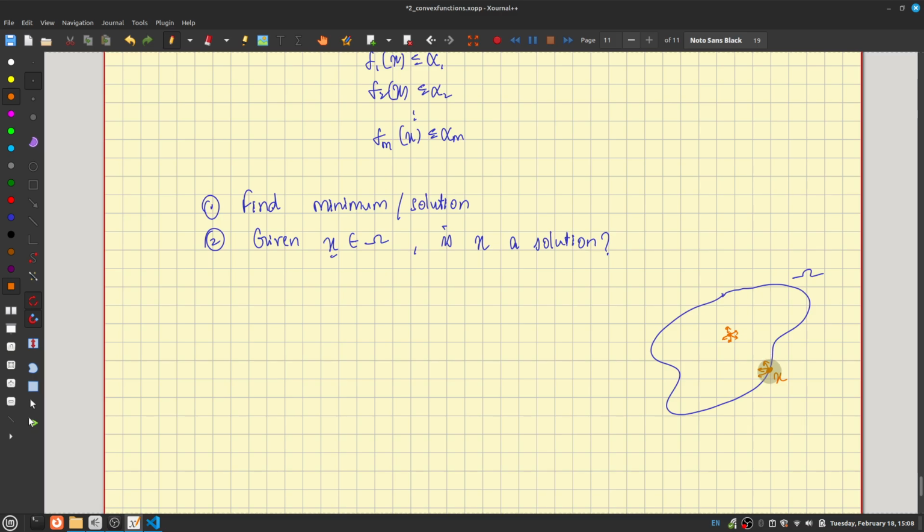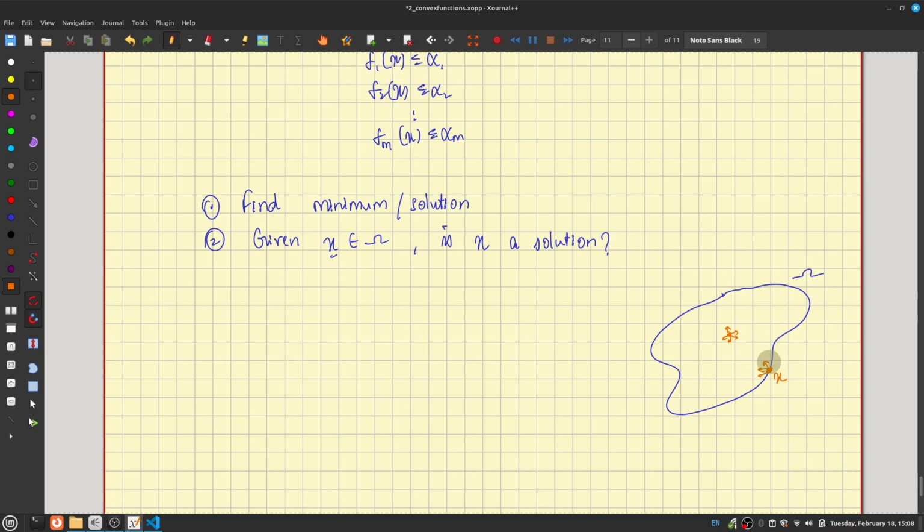But I can't say the same when I'm at the boundary, right? Because I should only be looking within omega. I'm not allowed to look outside omega, because after all, I'm trying to solve a constraint minimization problem.